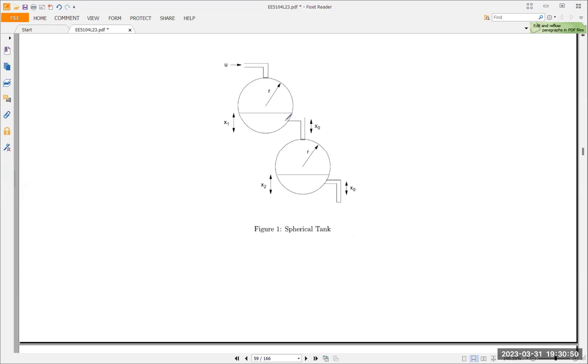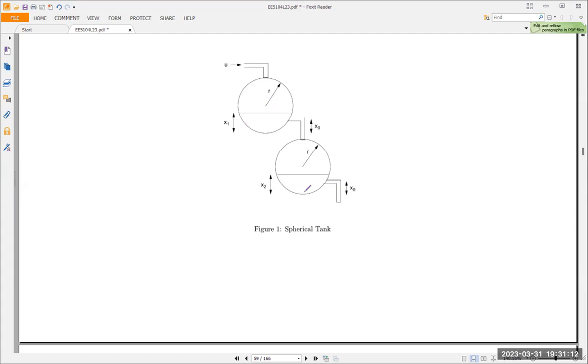Then after that, you will flow to tank 2, then mix. Chemical reaction takes place, then go out, then go to another stage. So now the control problem is to control the level in x2.